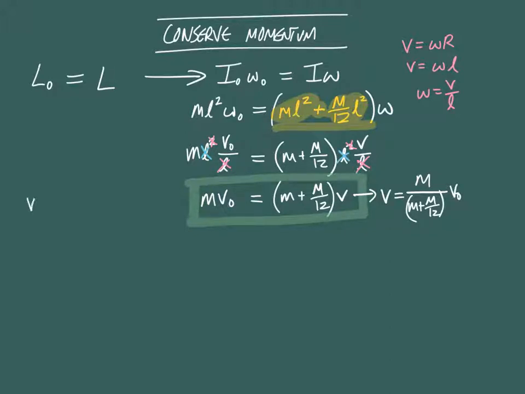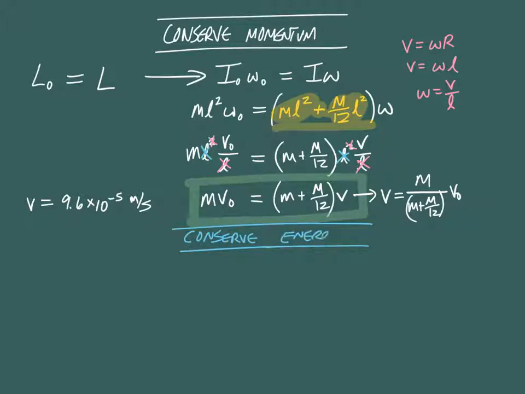And so our final speed, if you plug and chug all those numbers, you'll get 9.6 times 10 to the minus 5th meters per second. I'll spare us the writing of all of that stuff.